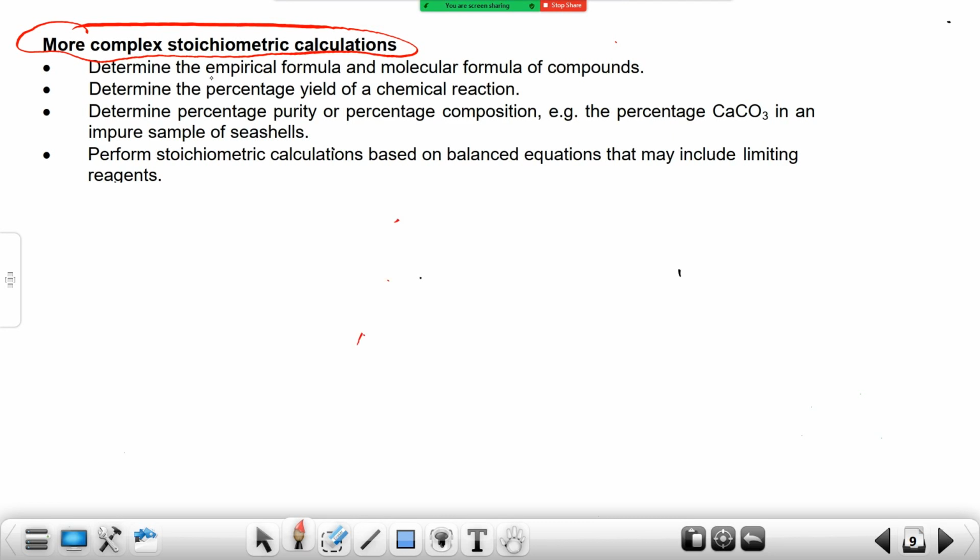The first one says you must be able to determine the empirical formula and molecular formula of compounds, calculate the percentage yield and the percentage purity, and thereafter perform calculations based on a balanced chemical equation including the limiting reagents. So that is where we are going.